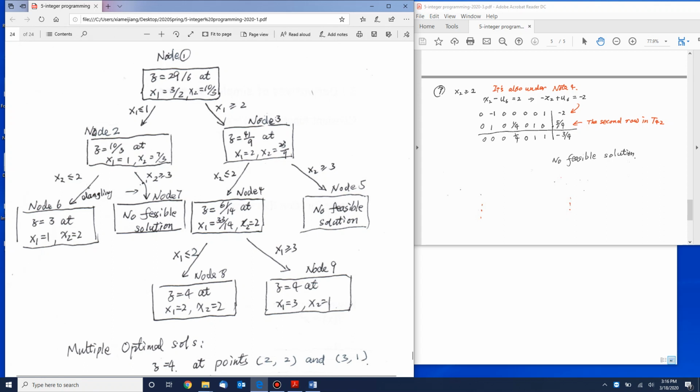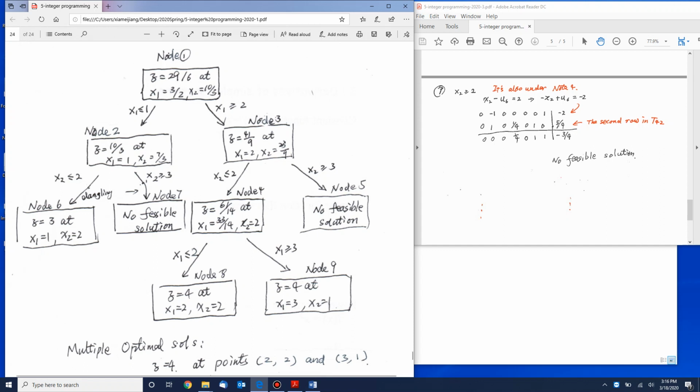Then we go back to work on x2 greater than or equal to 3. We found that there's no feasible solution. So far, at this third stage, we have node 6 giving optimal solution z equals 3 at x1 equals 1, x2 equals 2. This is an integer result, right?